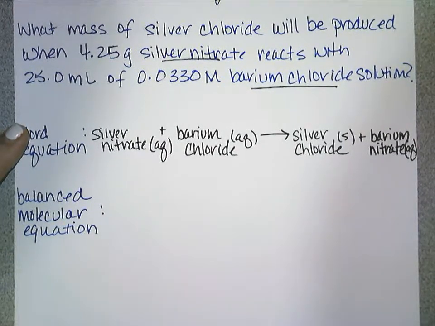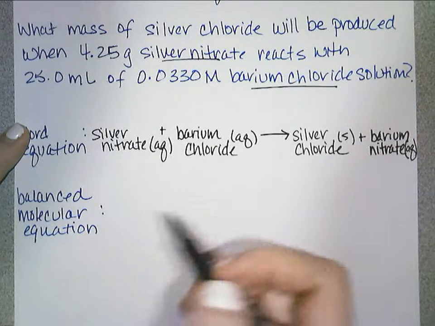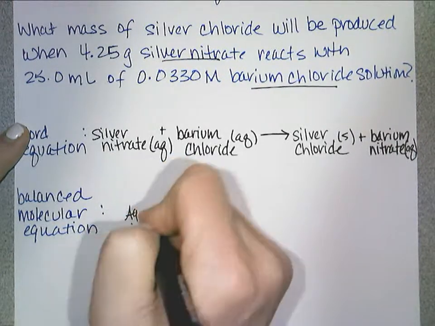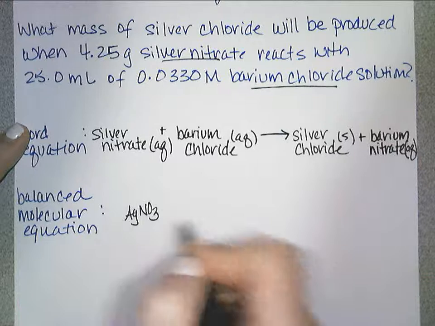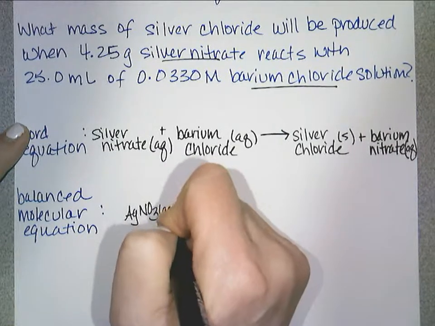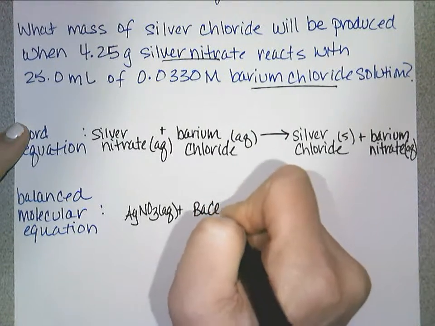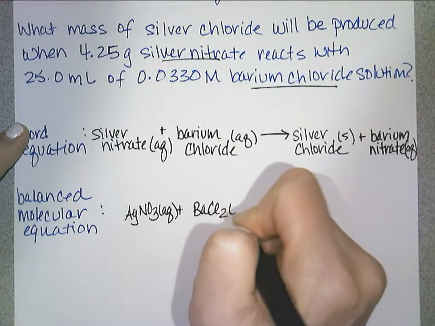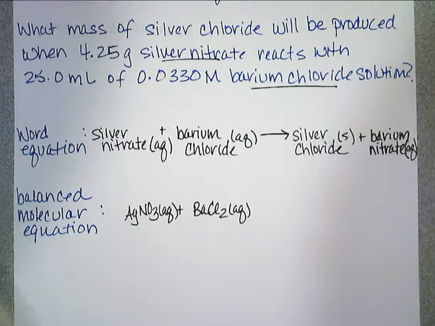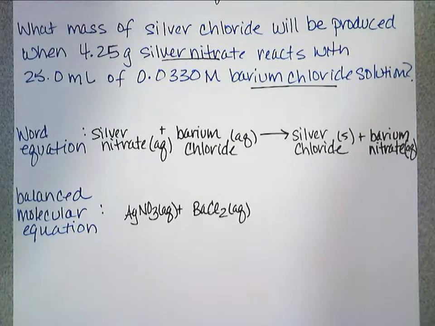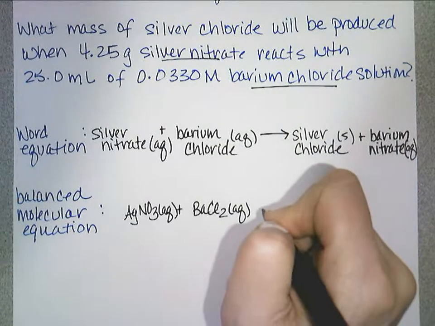From the word equation, we can write a balanced molecular equation. So silver nitrate, AgNO3, aqueous, reacts with barium chloride, BaCl2, aqueous. Feel free to use Appendix A1 and the periodic table to determine how you're going to write these molecular formulas properly.